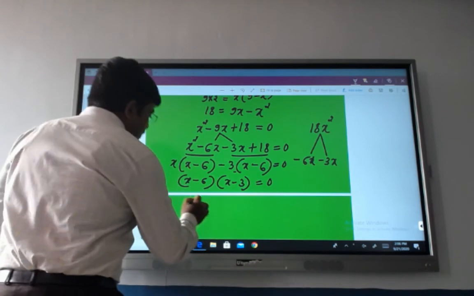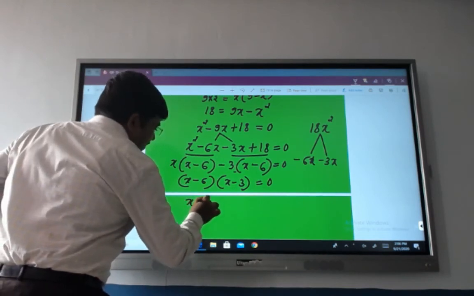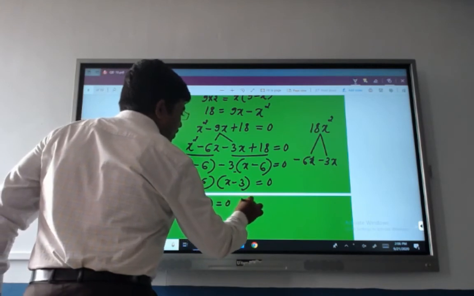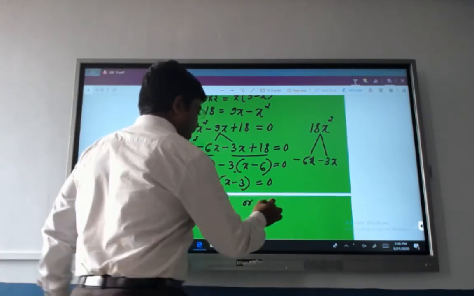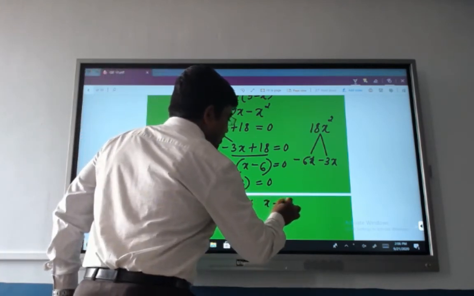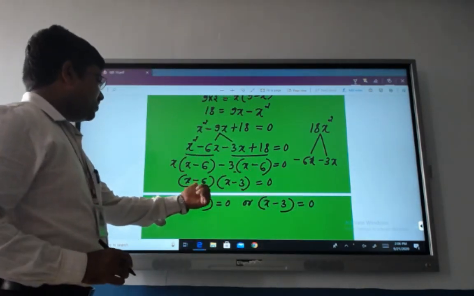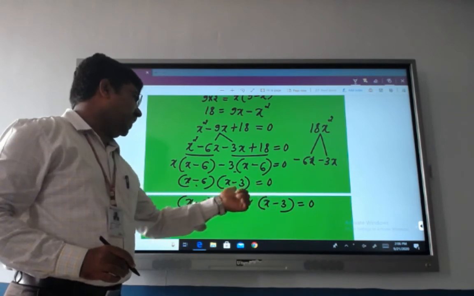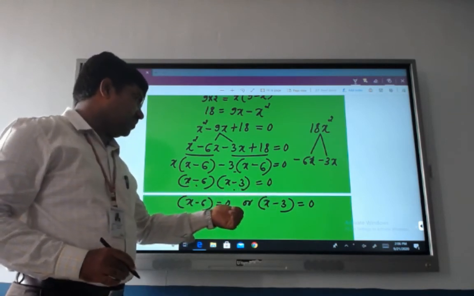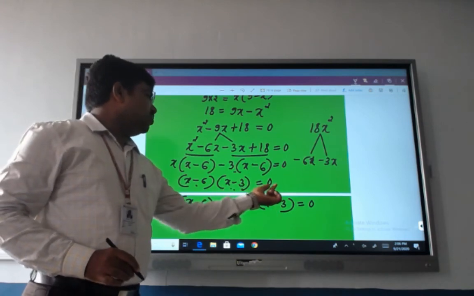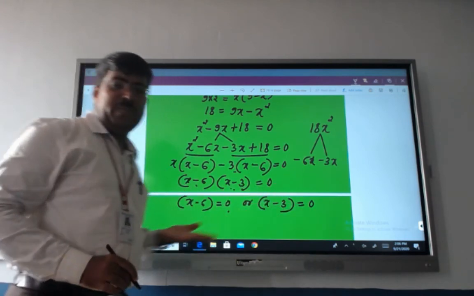Now x minus 6 is equal to 0, or x minus 3 is equal to 0. How? If x minus 6 is 0, then multiplied by x minus 3 you get 0, or if x minus 3 is 0, multiplied by x minus 6 you get 0.